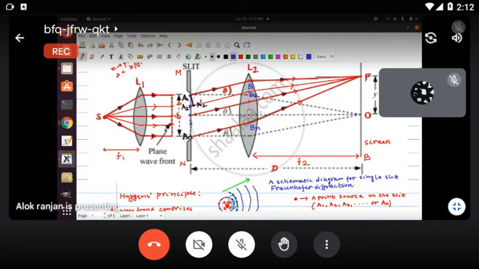So here B is the width of the slit. Okay, so B is the width of the slit, and so therefore what will happen? The light beam only can pass through this slit, and the rest of the beam won't be able to pass through this slit.